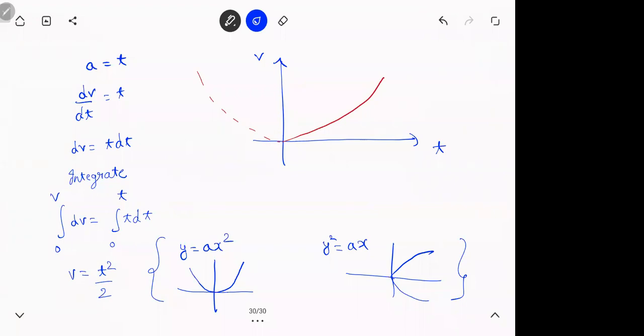Next thing, look at a physical situation. A particle is projected upwards.